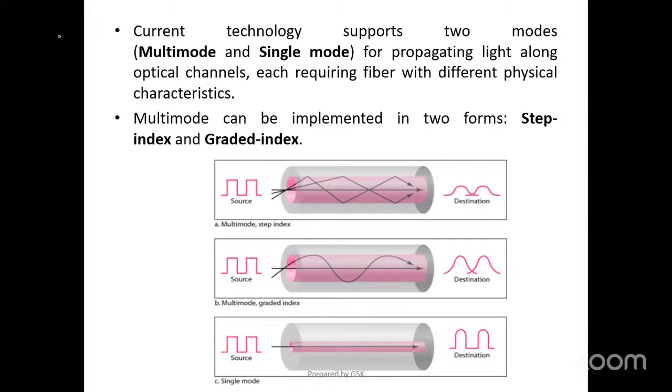Coming to the multi-mode and single mode, they propagate light along optical channels, each requiring fiber with different physical characteristics. So this is multi-mode step index, multi-mode graded index. And this is the single one. Observe this: single channel, single direction, straight direction. This is about single mode.